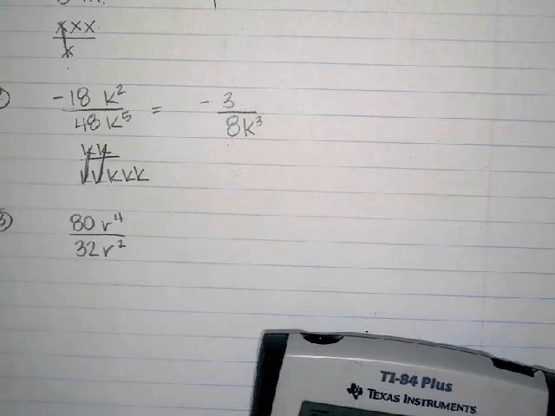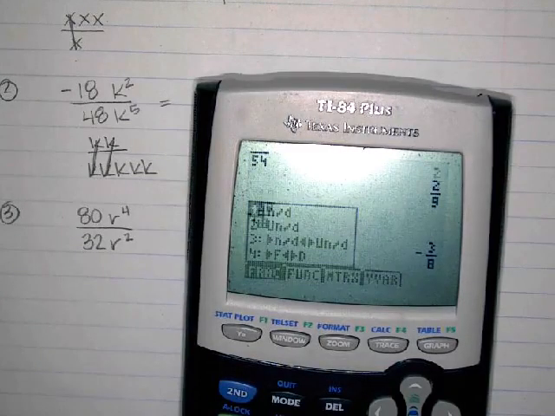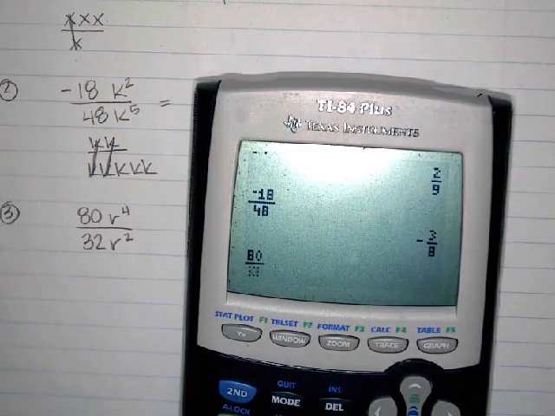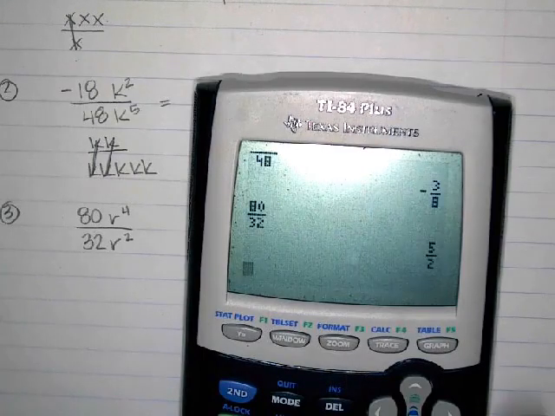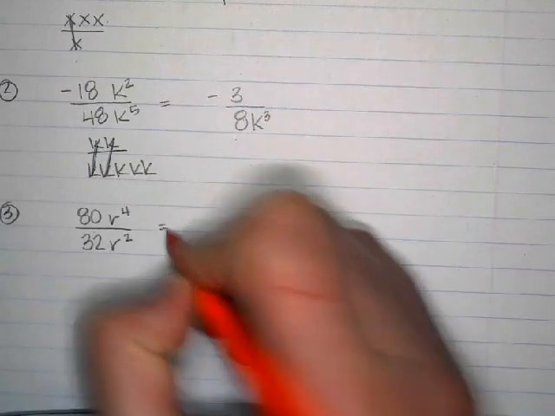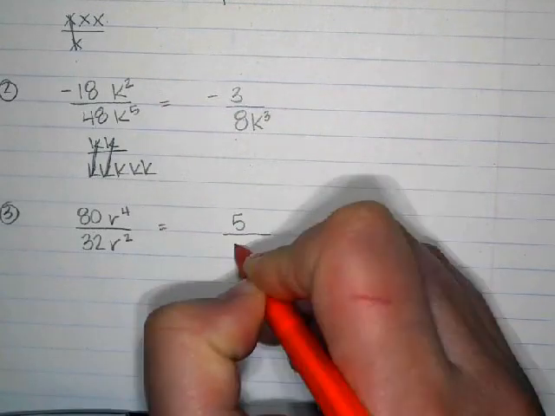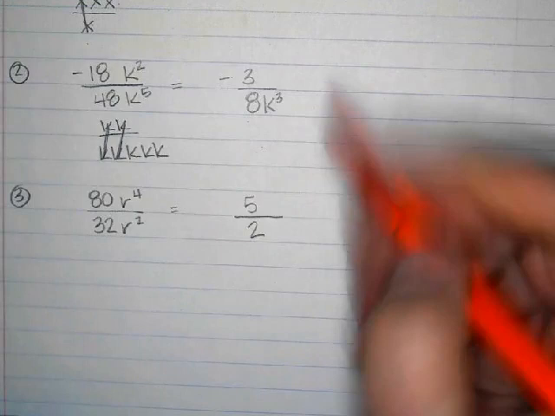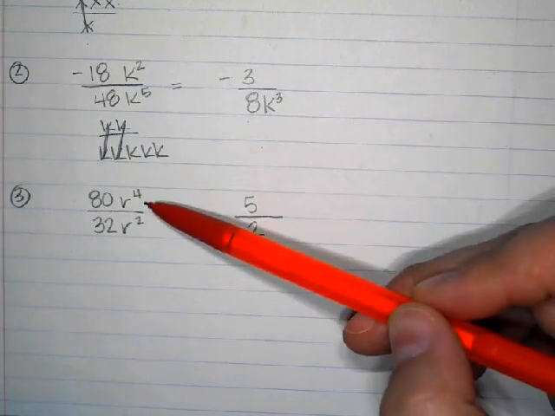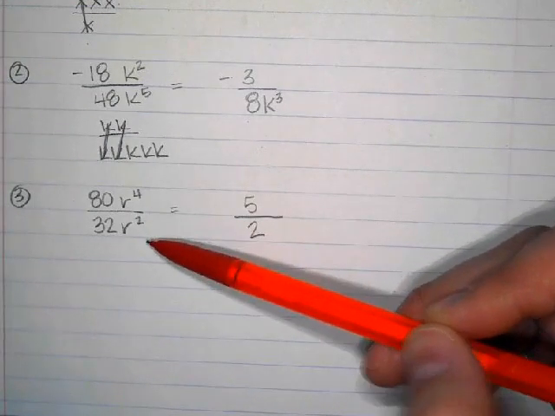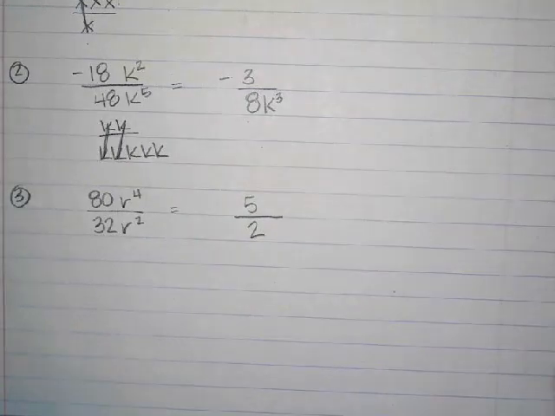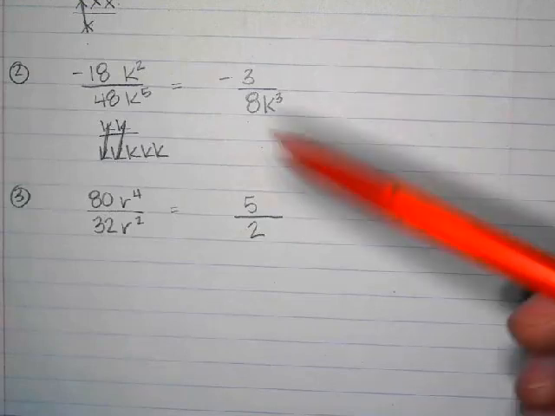All right, what should we do? Alpha y equals enter, 80 over 32. Okay, so our new fraction is 5 over 2. And can anyone tell without writing the r's down how many should be left over? Okay, so there's going to be 2 r's left over.